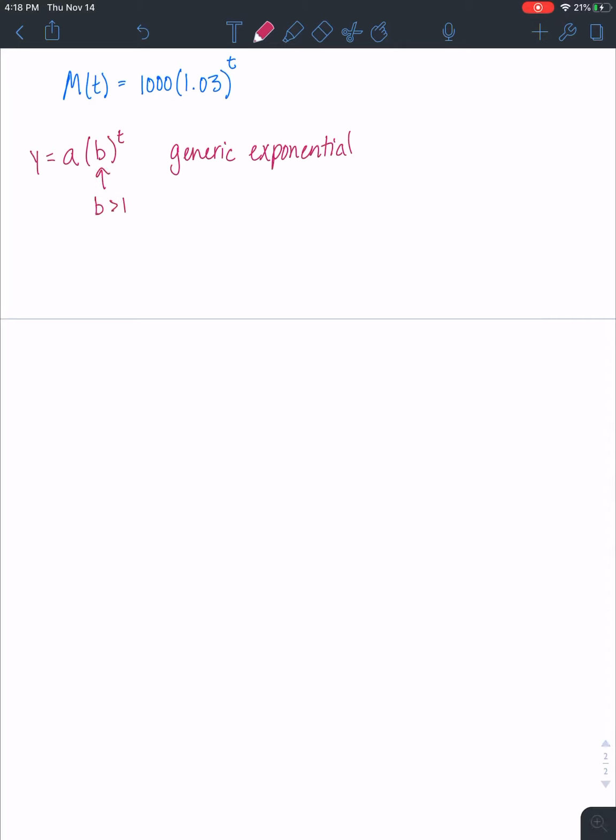If b is greater than 1, my function is going to grow. If b is less than 1, my function is going to shrink. The mathematical word we use for that shrinking is decay. So we have some kind of growth or decay that can happen.